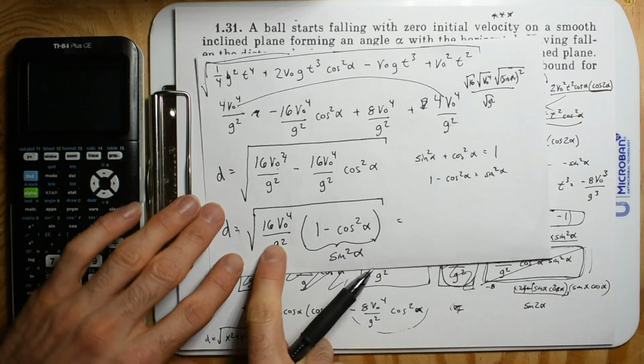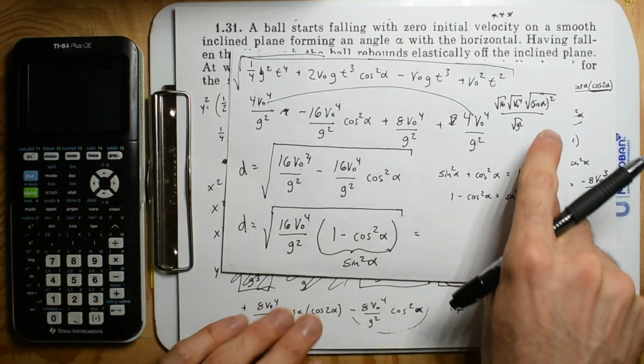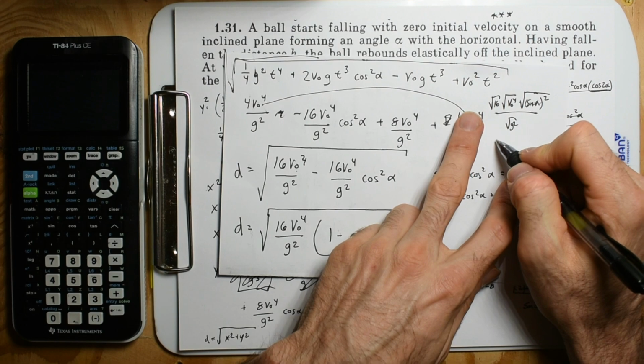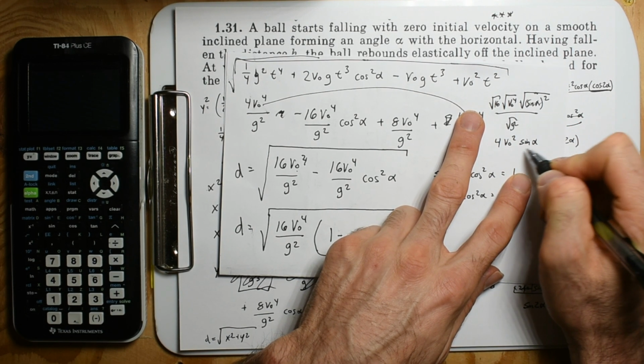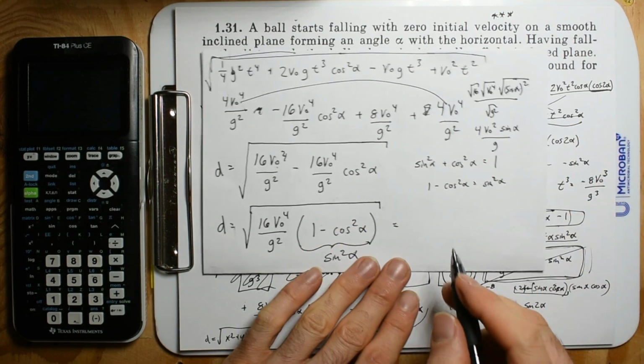So if you don't know how to get things in and out of the square root, definitely set it up like this, because this just becomes 4 v naught squared sine alpha divided by g, and that is our distance.